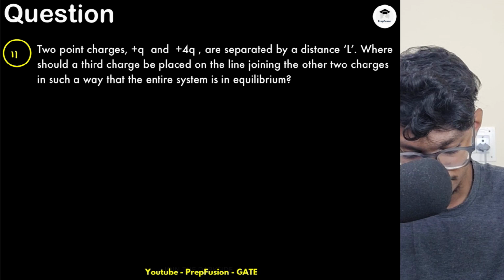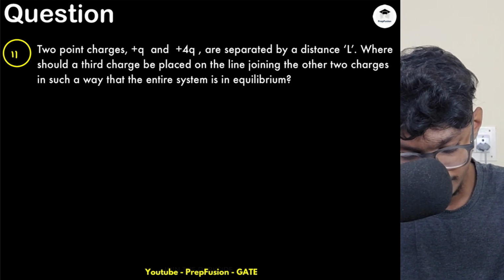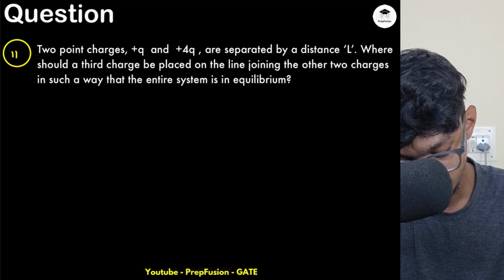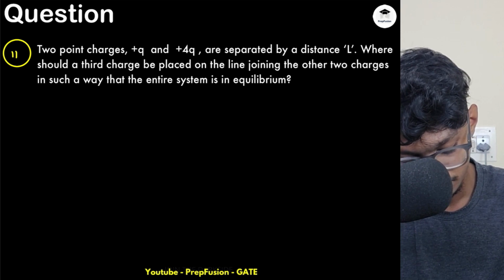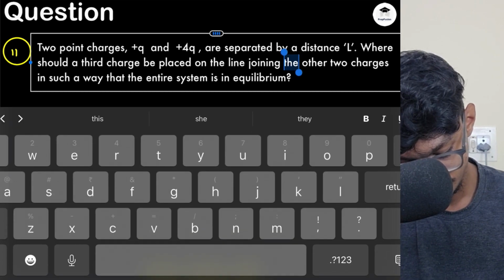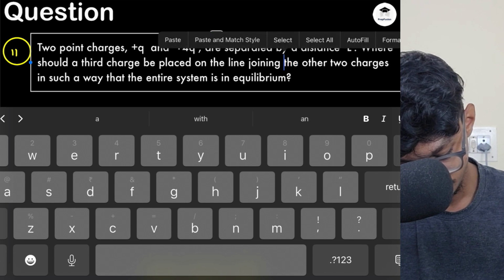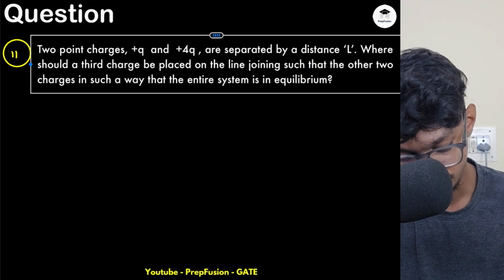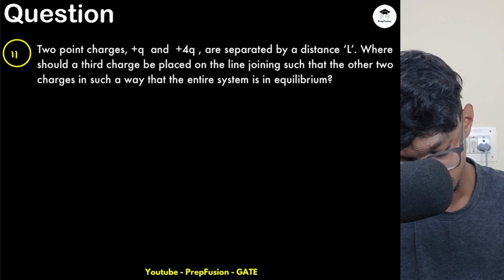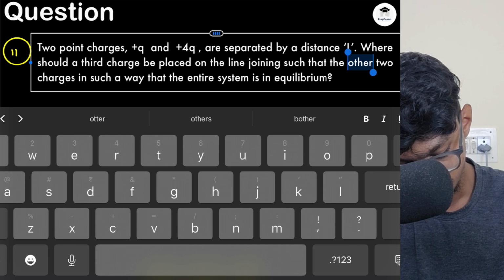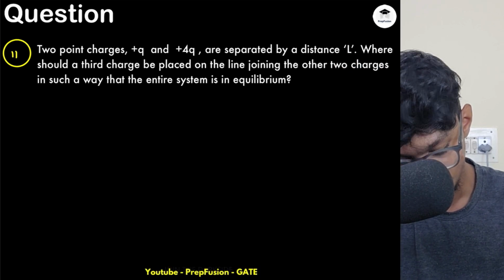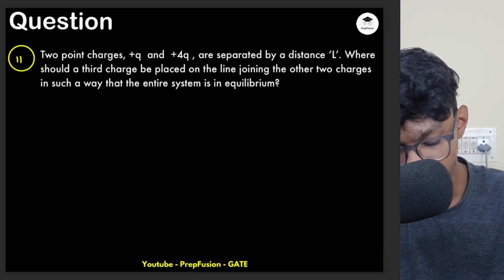So basically, where should a third charge be placed such that the other two charges are in equilibrium? So basically net force, entire system is in equilibrium, nothing is moving.